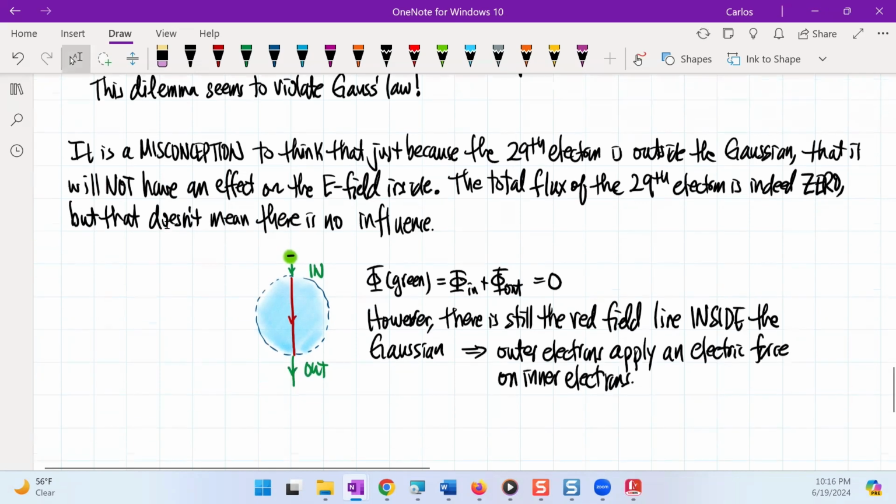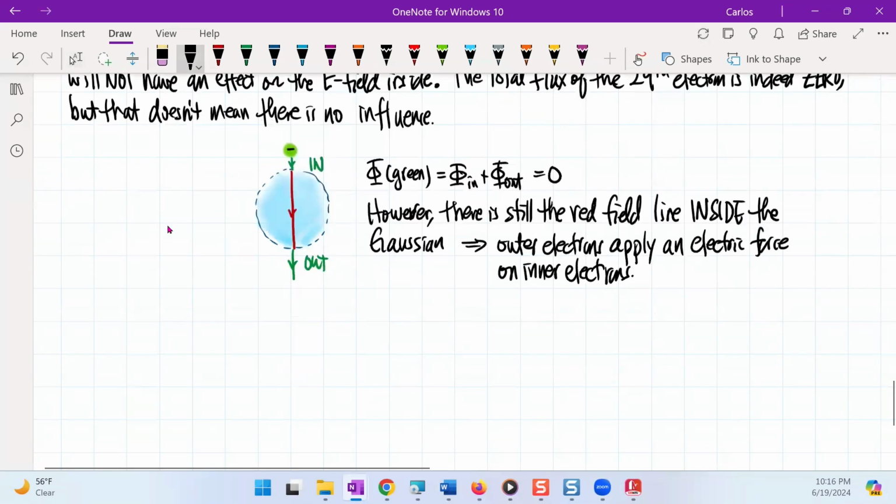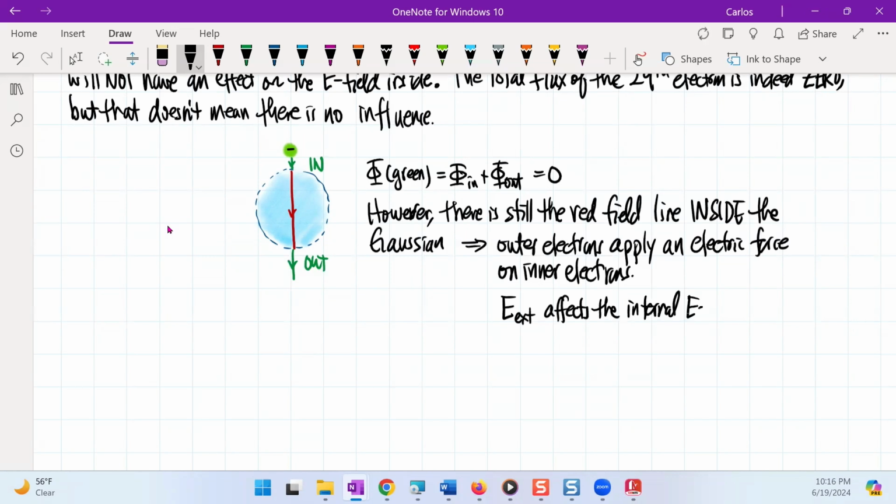Even though the flux is 0, what we're seeing here is that the external flux affects the internal E field, which is crazy. So once again, when I look right in here, I can see that the electric field inside is not zero.